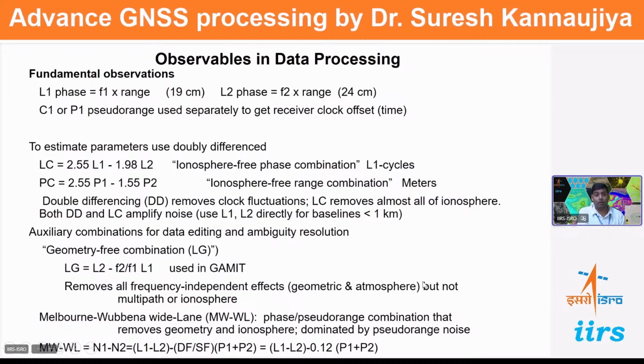And this is the observable in data processing. You can see that we have to make the linear combination and do the partial derivation also. These two equations are intended to eliminate the ionosphere-free phase combination as well as the ionosphere-free range combination.